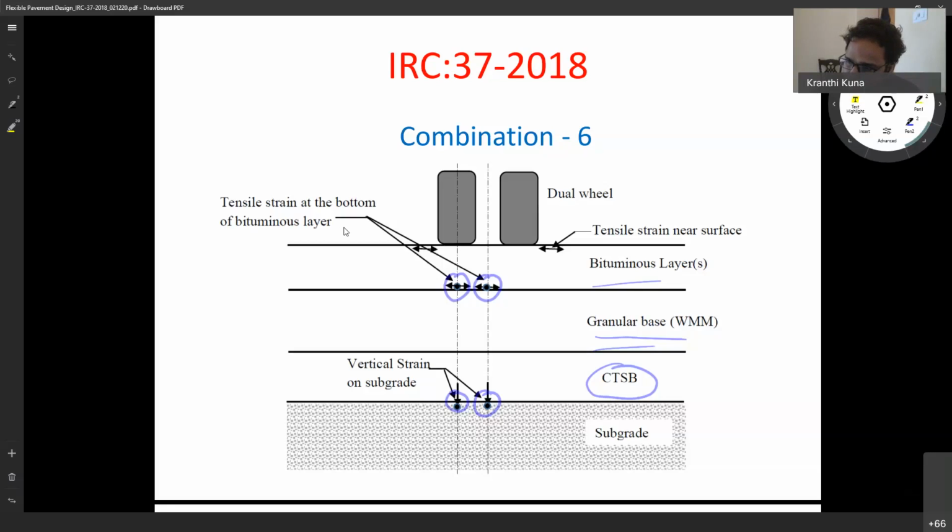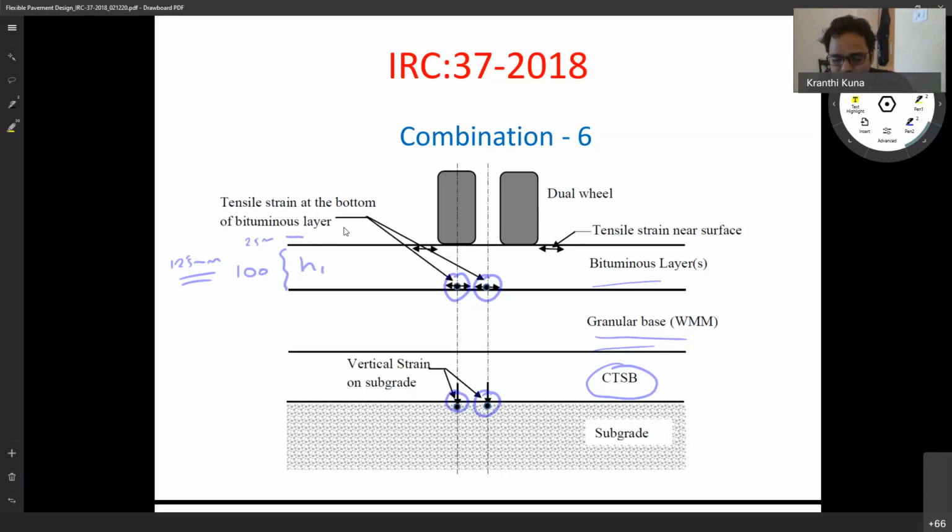Okay, sir. If you are considering it, then the thickness you are having here increases. Say, for example, you have a bituminous layer of 100 mm, and on top of that you put 25 mm of mastic asphalt. So your thickness will be 125 mm of bituminous layer. If this H1 is increasing, your tensile strain will decrease.